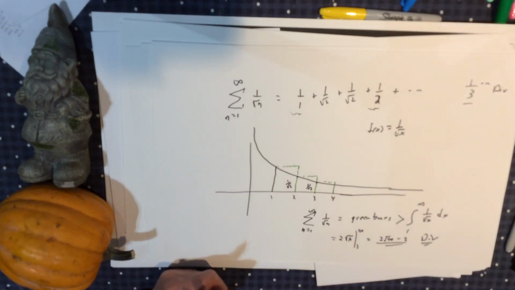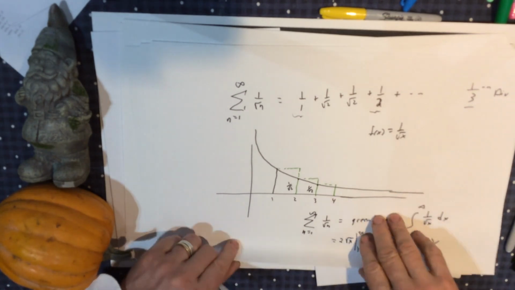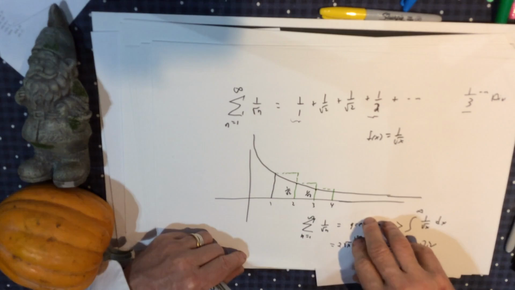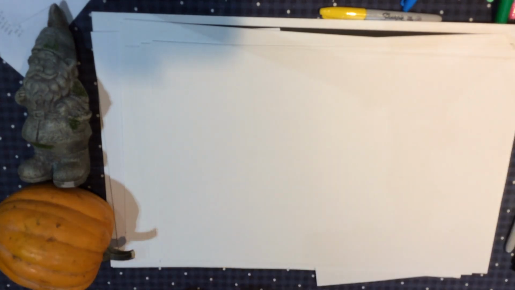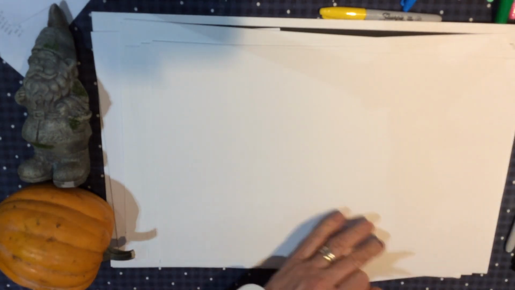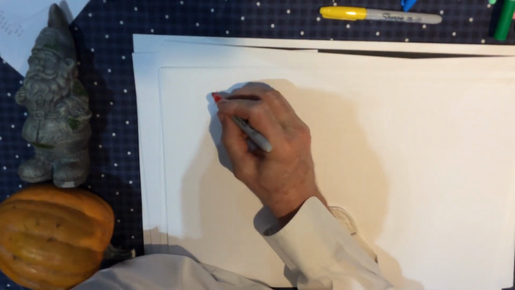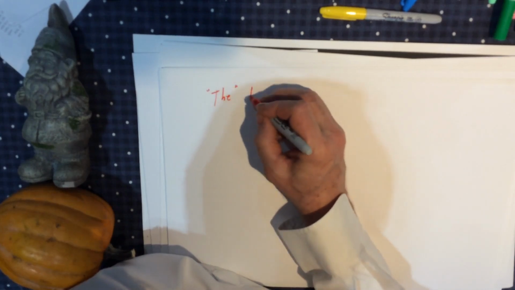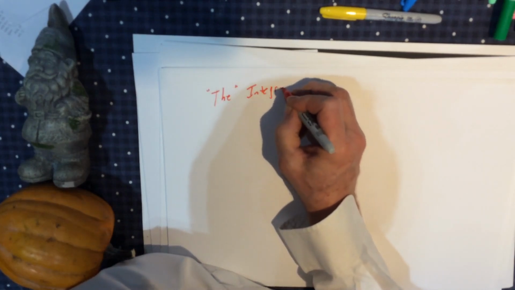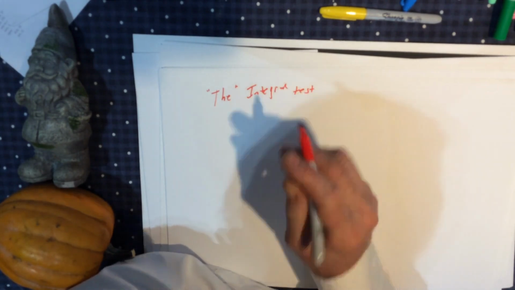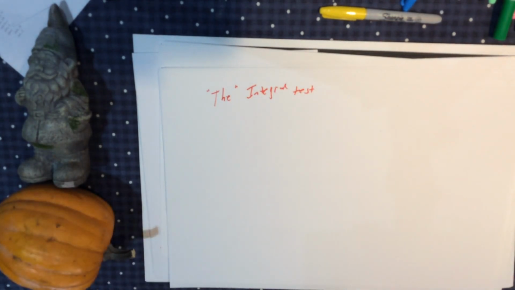So now, it turns out there's something called the integral test. And we are going to develop several tests to determine if a series diverges or converges. So here we go. The integral test. Now, it's going to be used on a positive series, so that's what we want to look like.